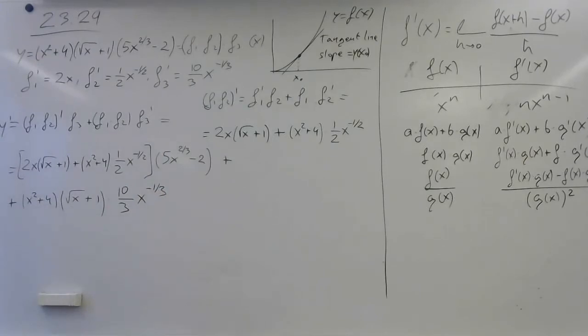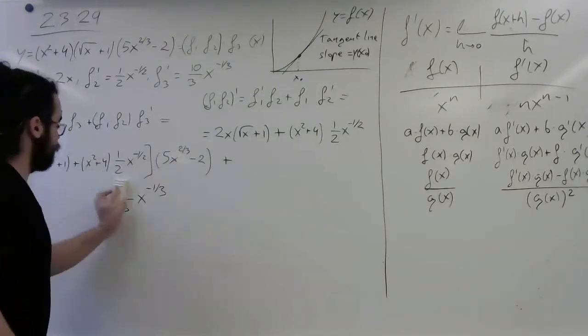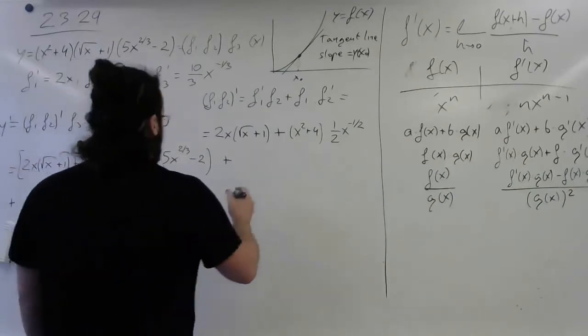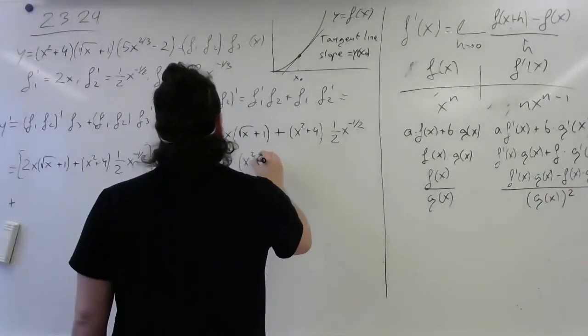So our derivative looks something like this. Now I'm going to write this in the first row, so we can work with it in the next one.